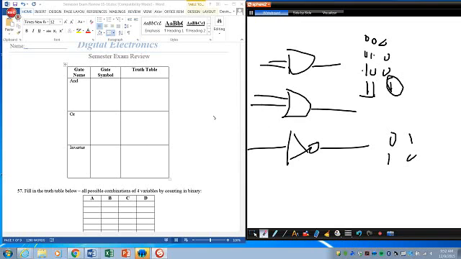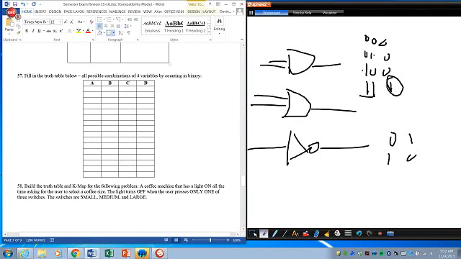Okay. Number 57, we covered this a while back, but it basically asks you to fill out the truth table by counting in binary. So we're counting in binary 1, 2, 3, 4, 5, 6, 7, 8, 9, 10. To do that, it's the same thing as setting up a truth table.